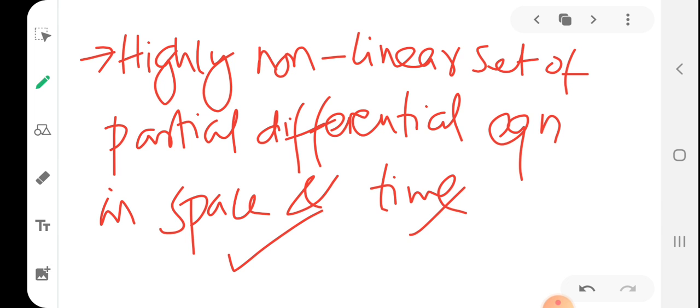In order to simplify these equations, we apply some assumptions. In order to make them solvable, these equations are simplified by making certain simplifying assumptions.